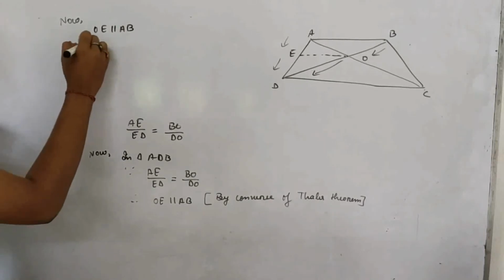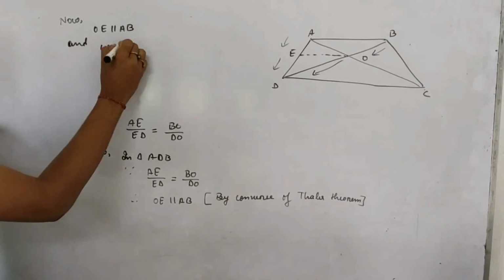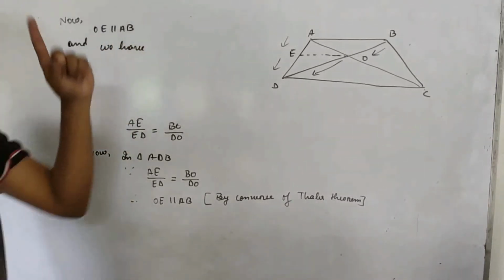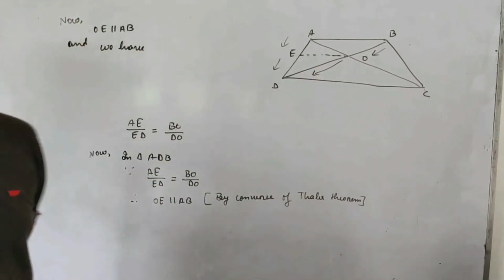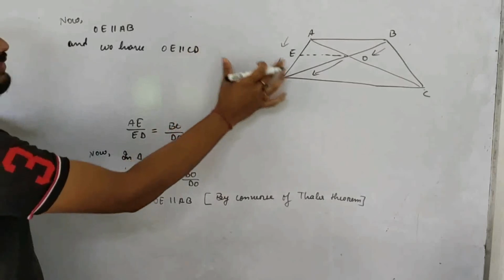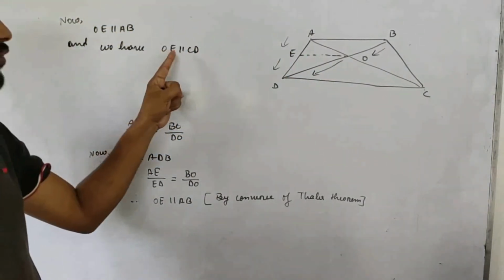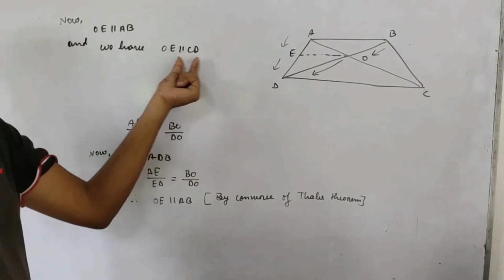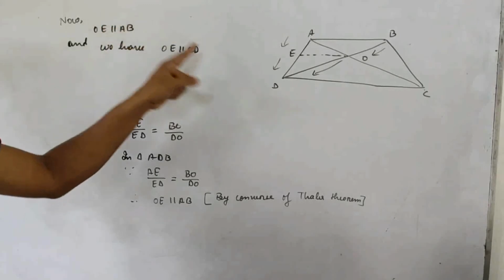And what have we done in construction? That OE is parallel to CD. This one we have done in construction, right? So OE is parallel to AB, and OE is parallel to CD. So from these two, what can we say?